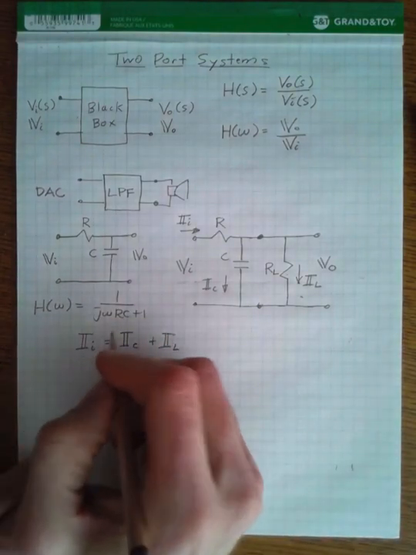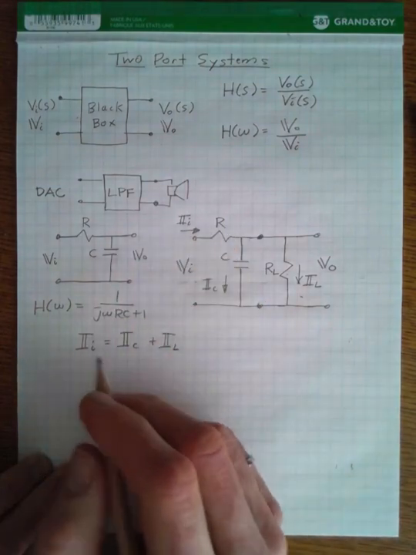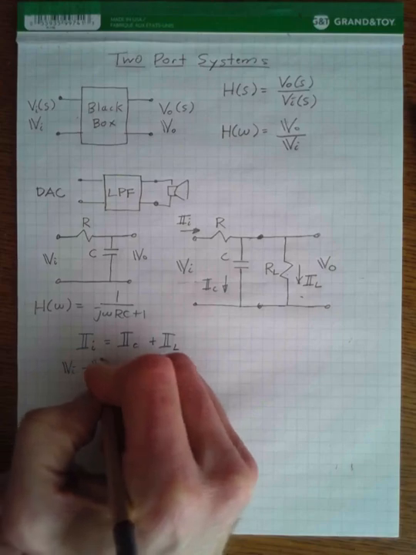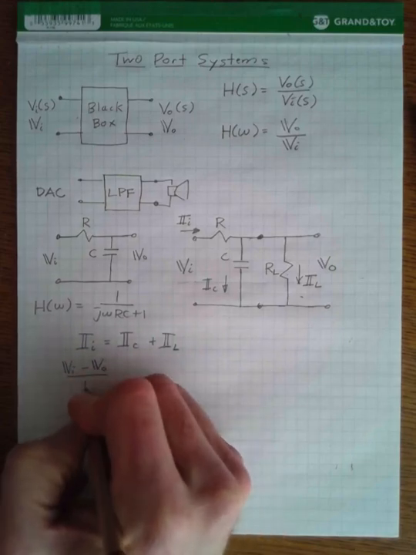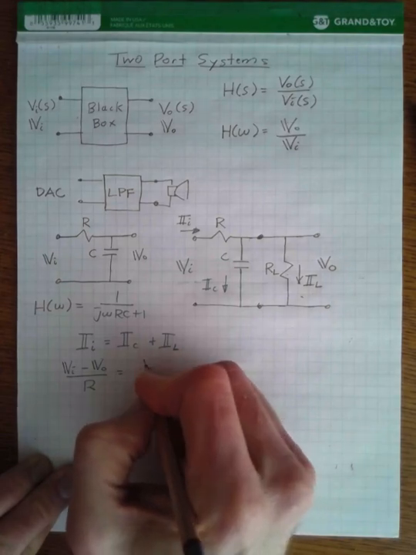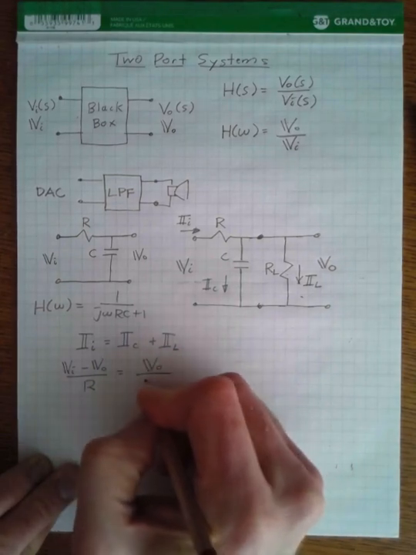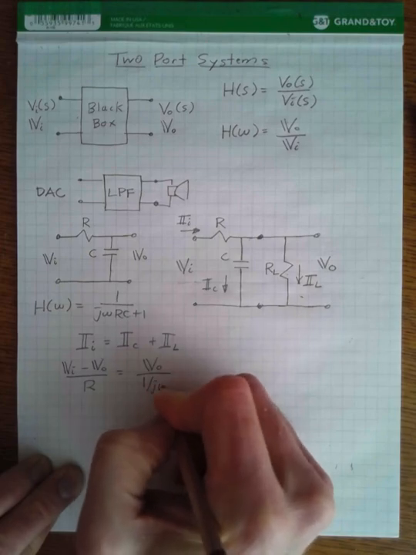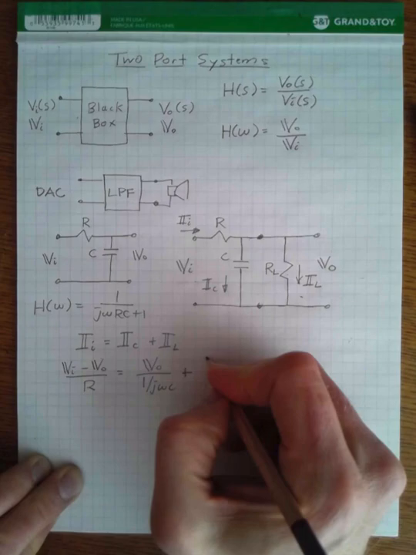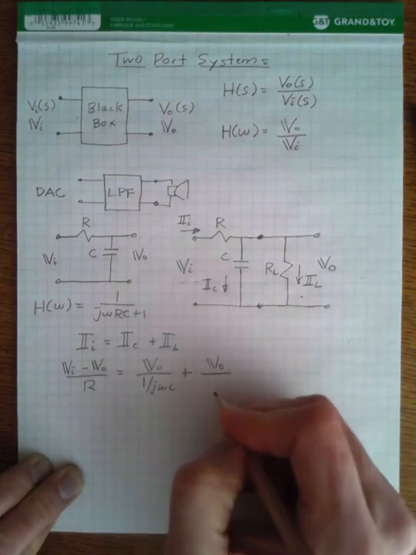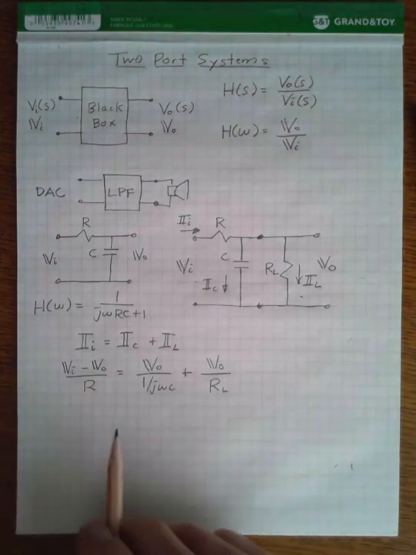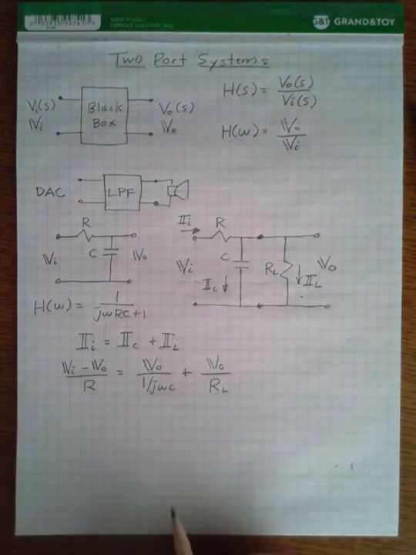Current through the input resistor is equal to the input voltage minus the output voltage divided by R1. Current through the capacitor is output voltage divided by its impedance, 1 over j omega C. And then current through the load is equal to output voltage divided by RL. So we have an equation in terms of the input and the output voltage.